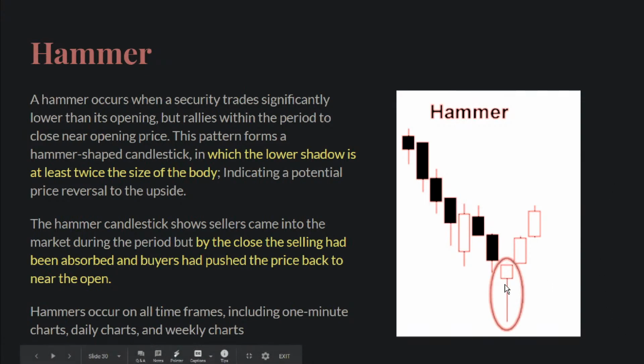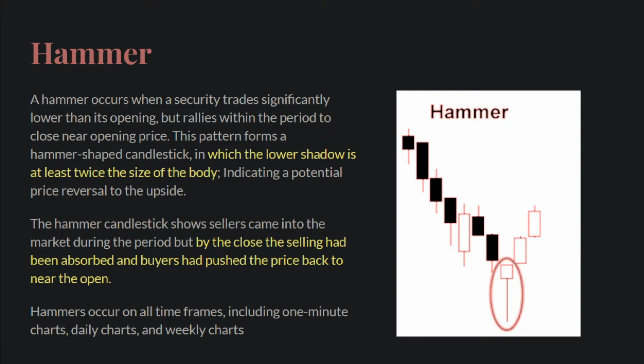Now, the probability of this reversing the trend is a lot higher if it is in that situation at the end of a downtrend at support with a bullish divergence. Then you're talking more than likely we're going to see a response, or some sort of change in the near future, if not immediately. So that's really interesting.